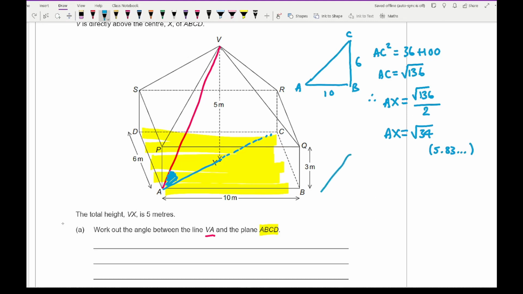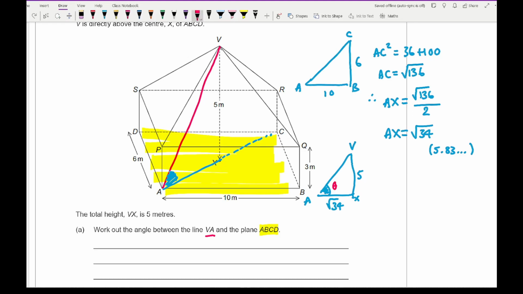So looking at that second triangle, which is A, V and X, I know this length here is root 34, and I know that the height is 5, and this is the angle that I'm trying to find, which I'm going to call theta. It doesn't really matter what you call it.